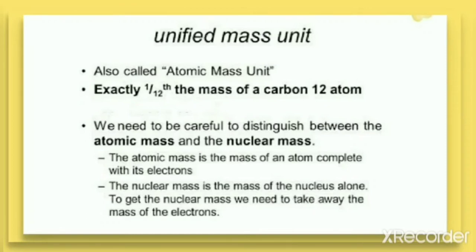So the mass of an atom with the complete electrons, protons, neutrons is the atomic mass, and the mass of only the protons and neutrons is called the nuclear mass. Since the mass of an electron is very small compared to the others, there will be a slight difference in these values.